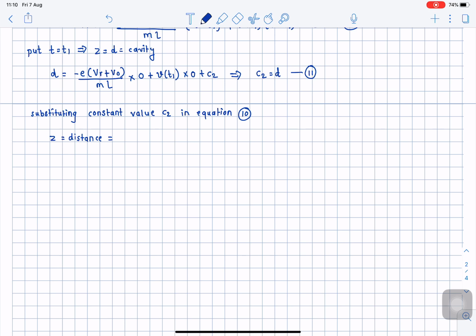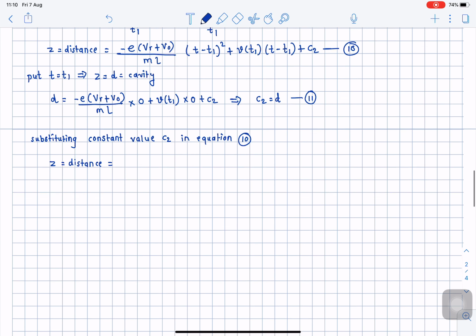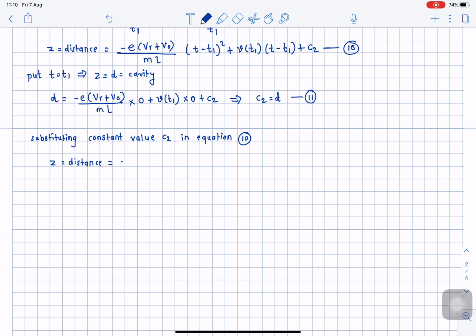So you substitute c2 value over here. It can be written as minus e (vr plus v0) divided by m into l, t minus t1 square plus velocity at t1 into t minus t1, and what is the value of constant c2? That is d. Substituting. Okay, so let us call this equation number 12.